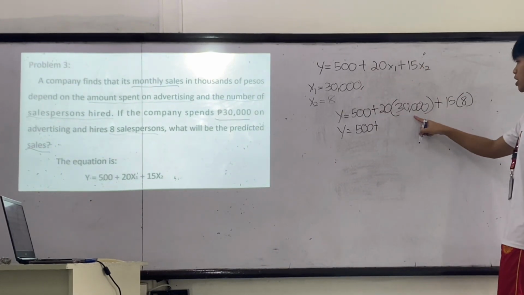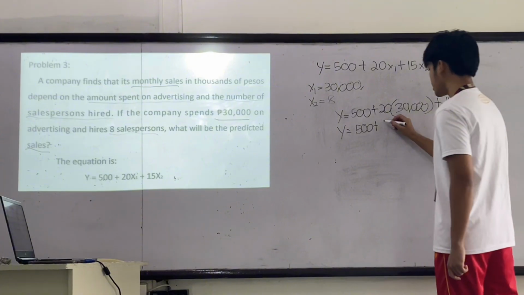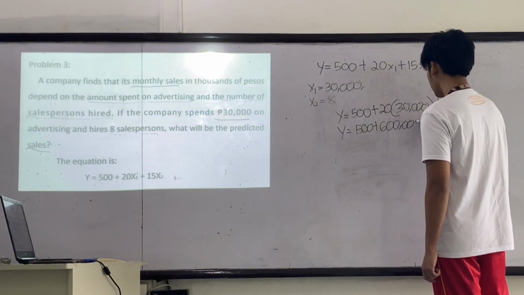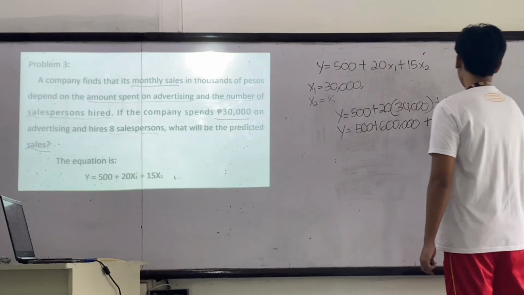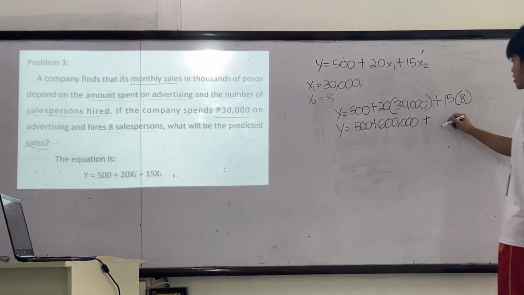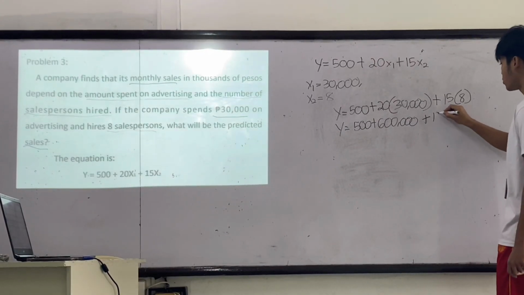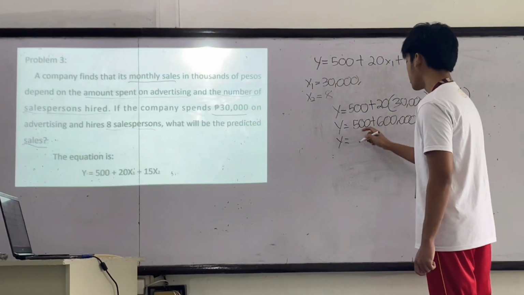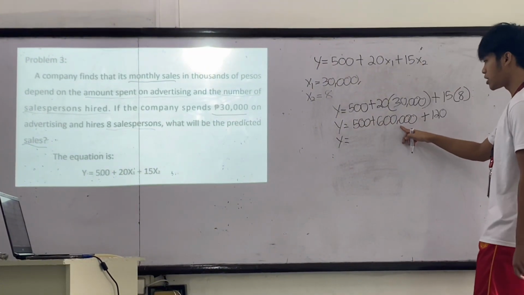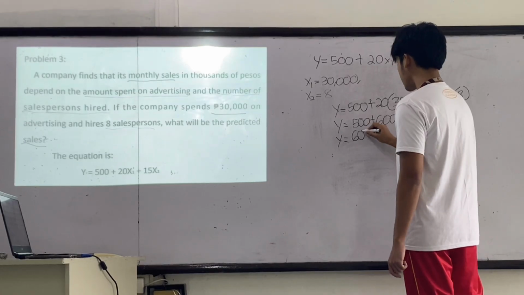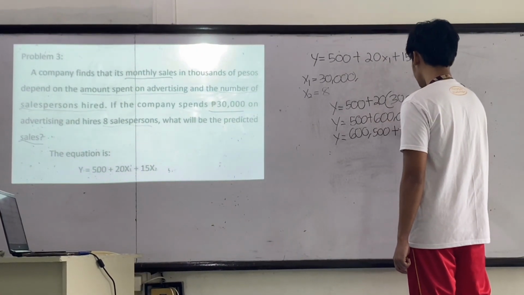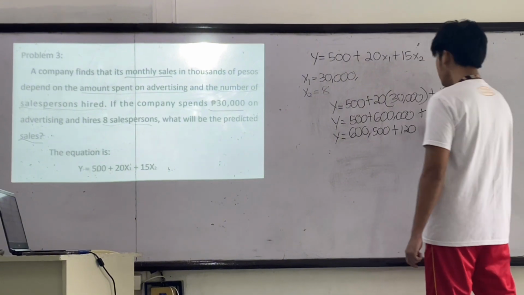So 20 times 30,000 will be 600,000 plus 15 times 8, which will be 120. So simplify the equation. 500 plus 600,000 will be 600,500 plus 120.